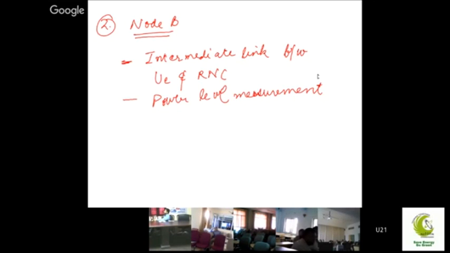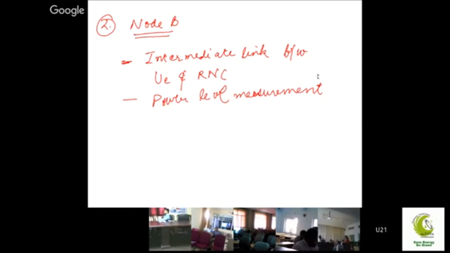So node B also has the feature of power level measurement, because if a high level of power is always sent to the user equipment, there will be a lot of loss. A high level of power is required only when the user is at maximum distance from the tower, standing very far away from the node B. If the user is standing just within 100 meters and node B sends full power, that would be harmful, because if the task can be performed with a minimum amount of power, why waste high power?